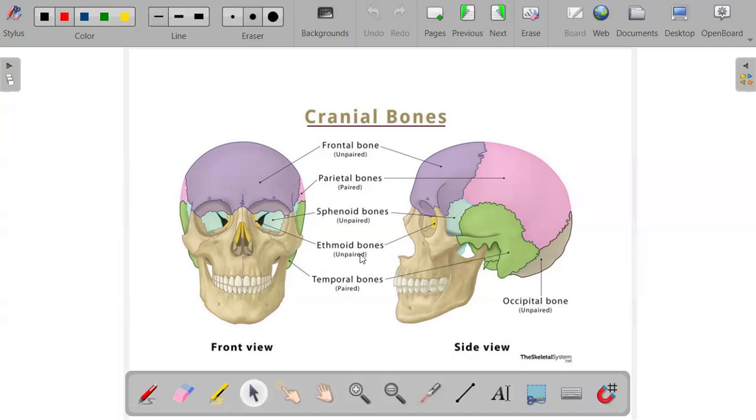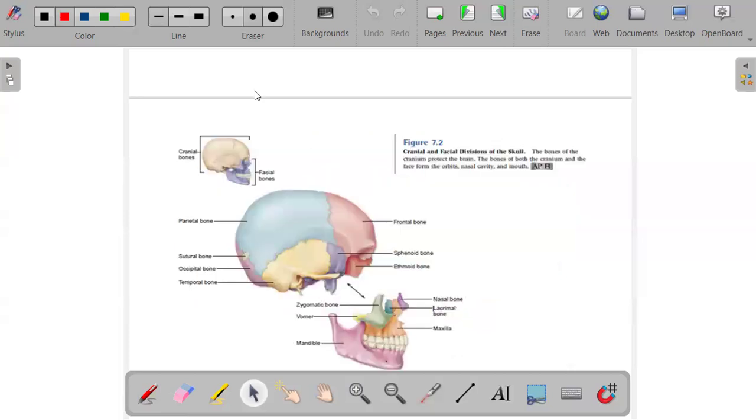Then we have the facial skeleton, which makes up the face. This is the brown part right here. So we've said the skull is divided into these two parts. What is the function of this skull bone?